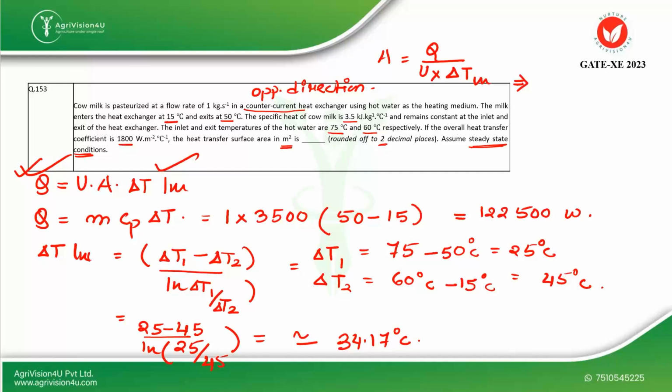Calculate it: 122,500 watt divided by U, that is 1800, into 34.17. So after calculating, we'll get approx 2 meter square. So the heat transfer surface area required is approximately 2 meter square.